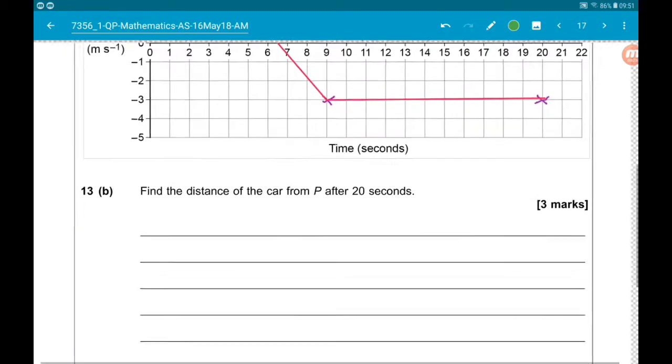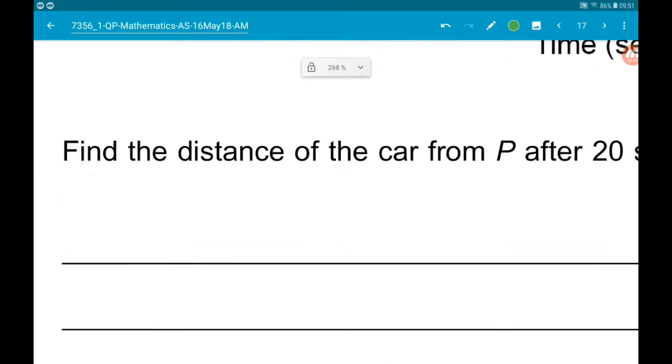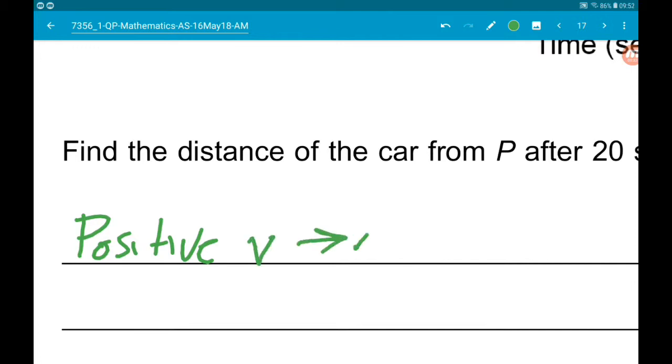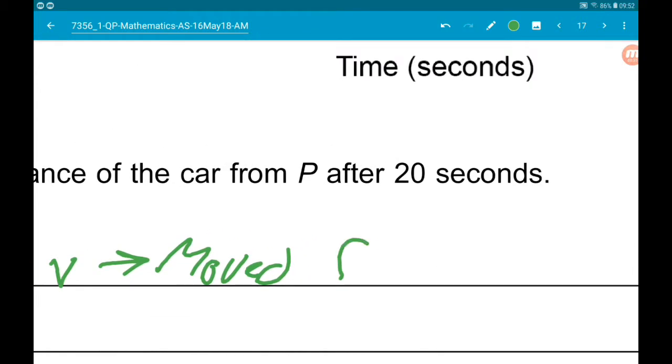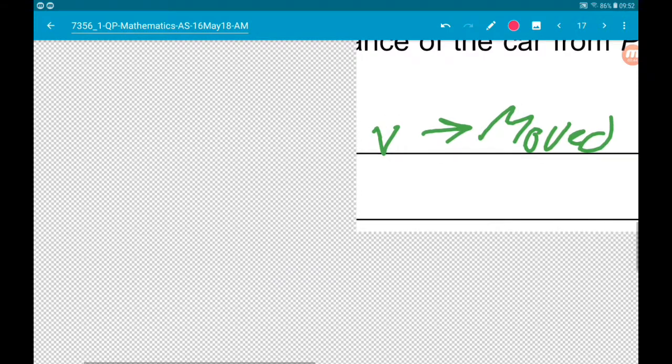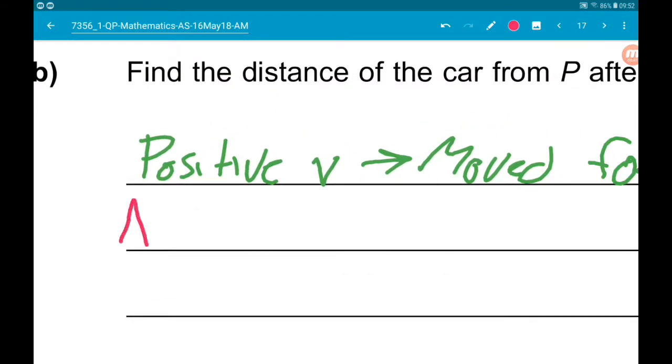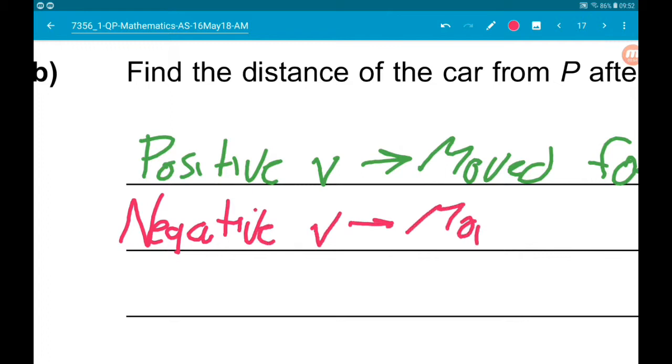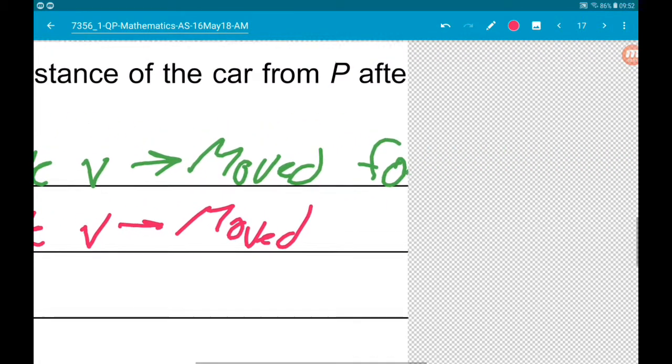So, positive velocity means we moved forwards and negative velocity means that we moved backwards.